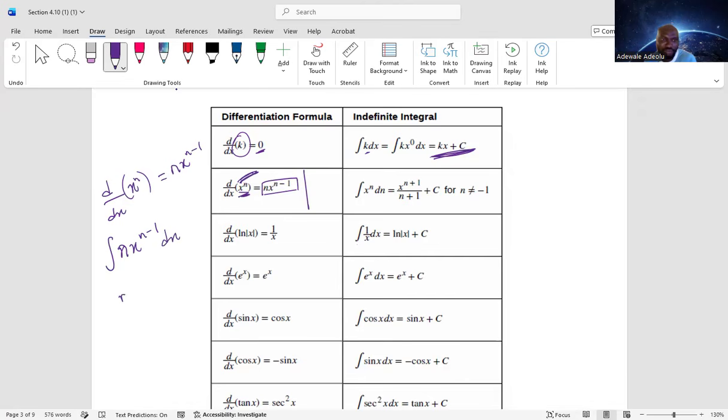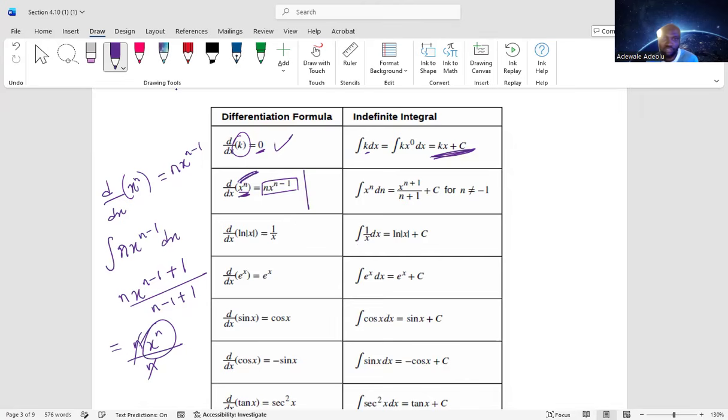So if I do that, that means I need to add 1 to this power, then divide everything by the new result in the power. So that is nx raised to power n divided by n. So n cancels n, I have x to the n.